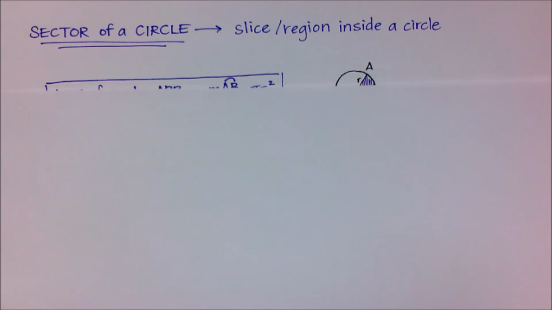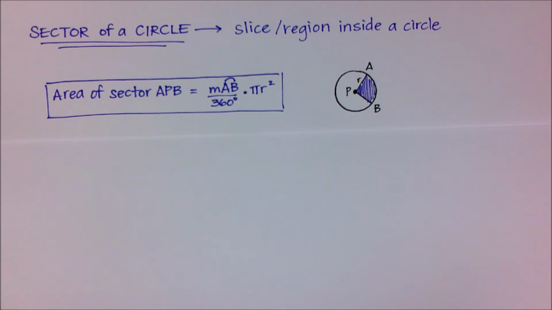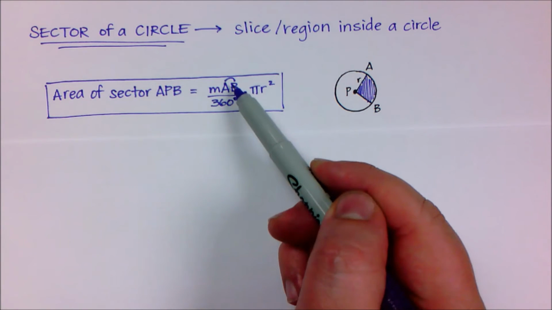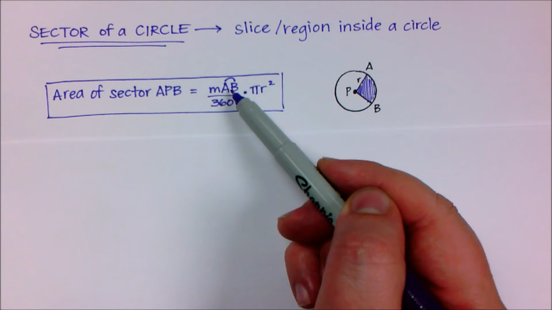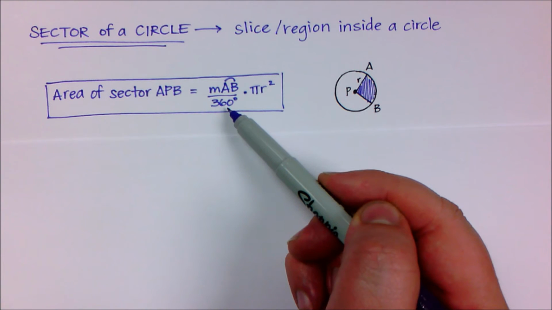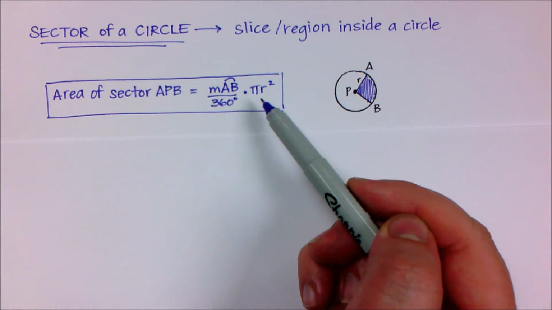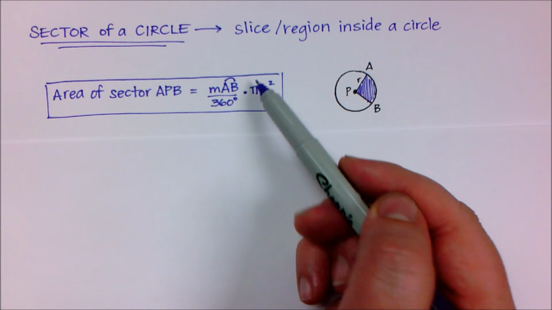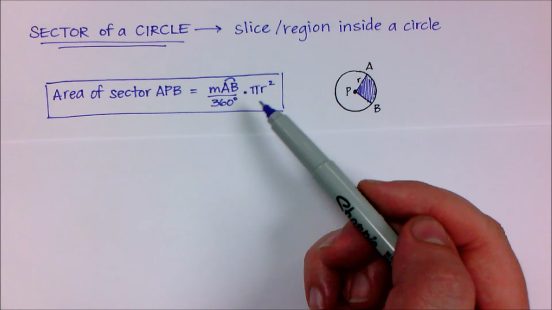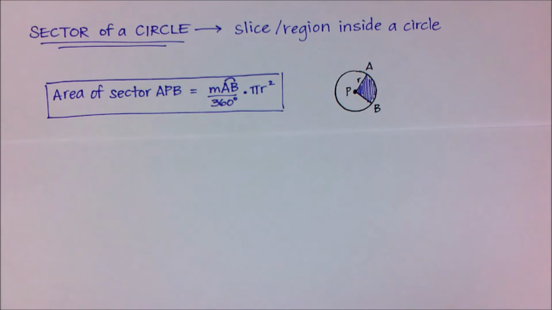So to find the area of a sector, we're going to take the measurement of that arc in terms of degrees divided by 360 degrees and multiply it by the area of the entire circle, which would be pi r squared.